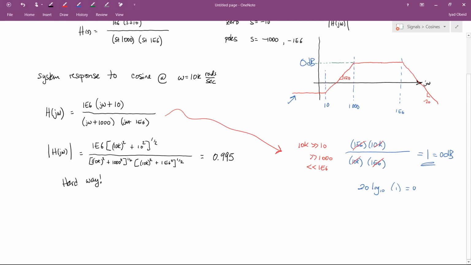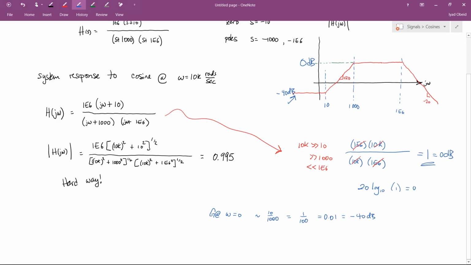And if I do that, I'll find that my gain at omega equals 0 is about, let's see, 10 over 1,000, which is 1 over 100, which is 0.01, which is also negative 40 dB. So this value here is negative 40 dB.